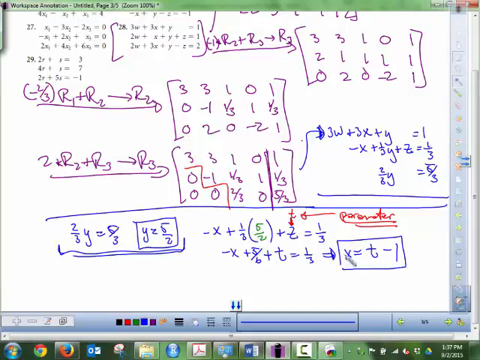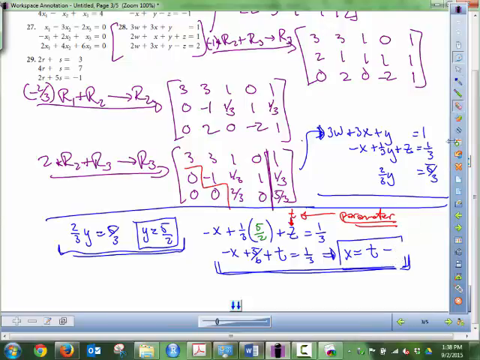Let's box that. And then now we have one more variable, and that's the w. Let's see what we can do with that. Thank you for checking. So negative 1/2.